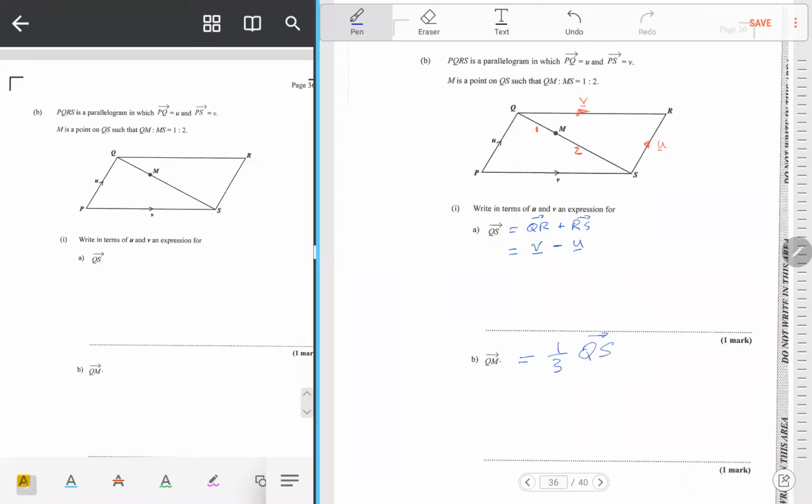Simple as that. So we're doing 1/3 of V minus U, and so it becomes 1/3 V minus 1/3 U. All right, that is the answer here.